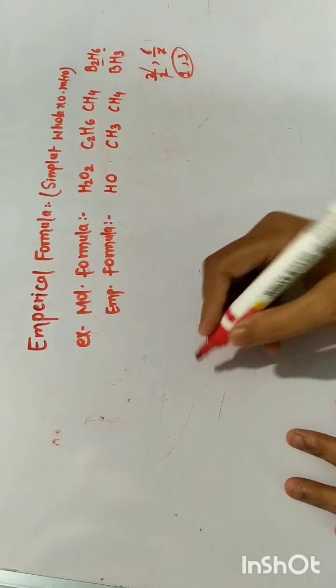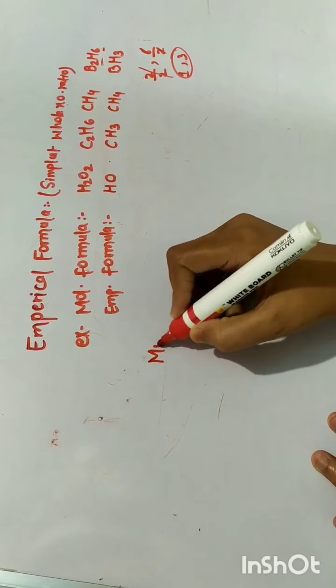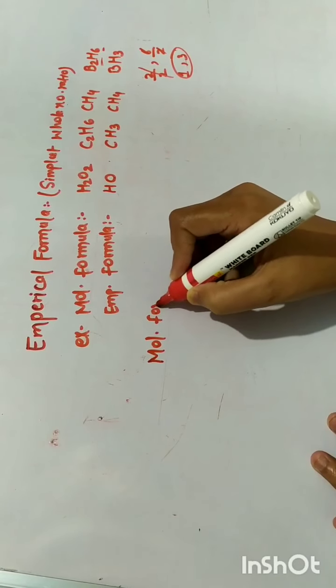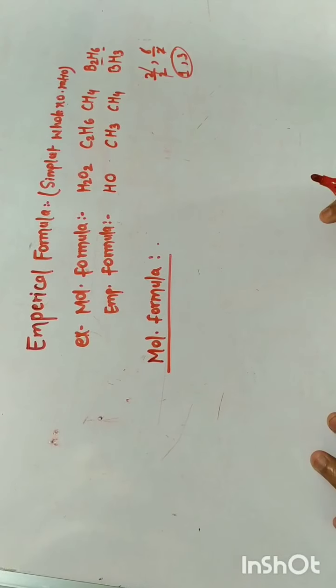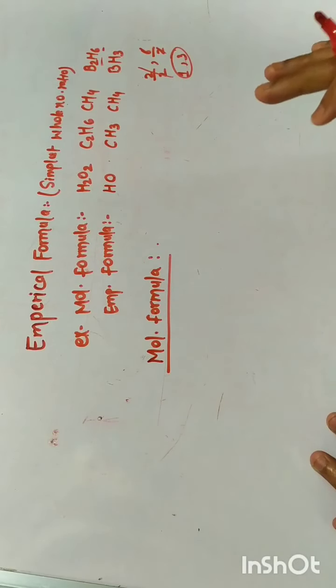Now, what is the molecular formula? We all know about the molecular formula. The molecular formula of a compound represents the actual number of atoms present in one molecule of the compound.